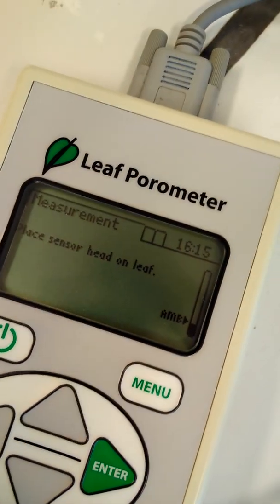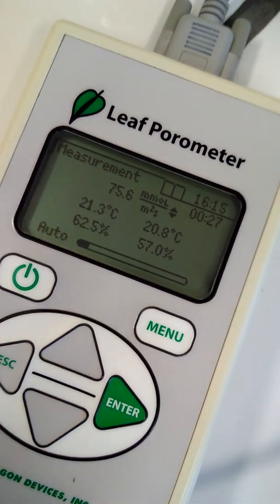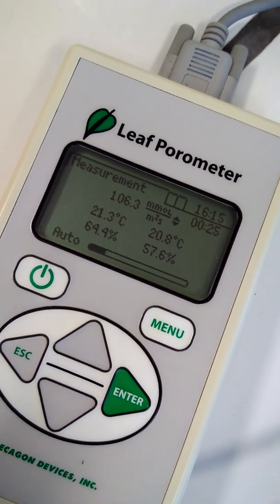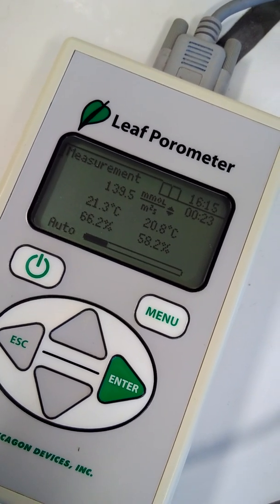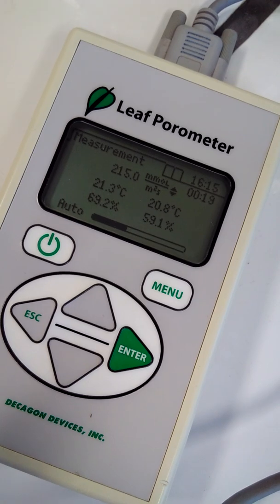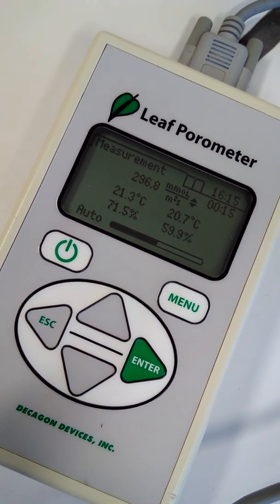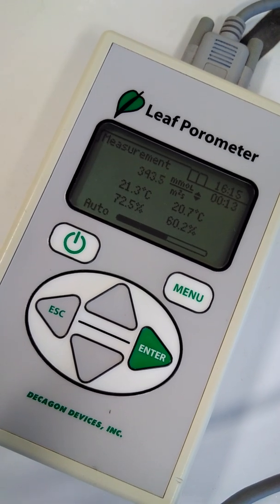Now what should happen normally, you see, so now it passed the threshold, and there will be water vapor coming in. And now sorry, I told it was 2 minutes, but actually it's just 30 seconds. There is a measurement, and you get something in millimoles per square meter per second.